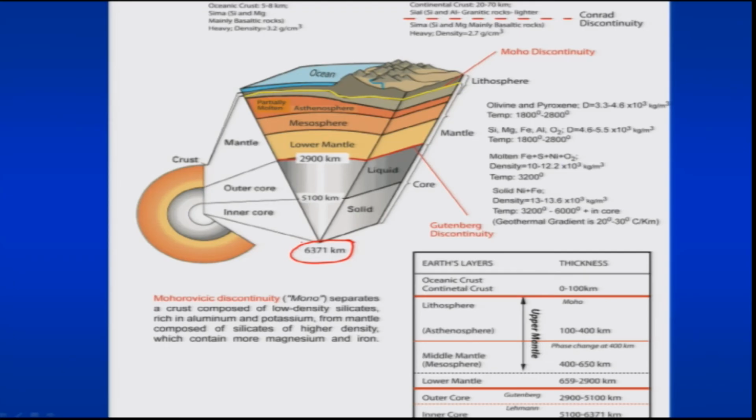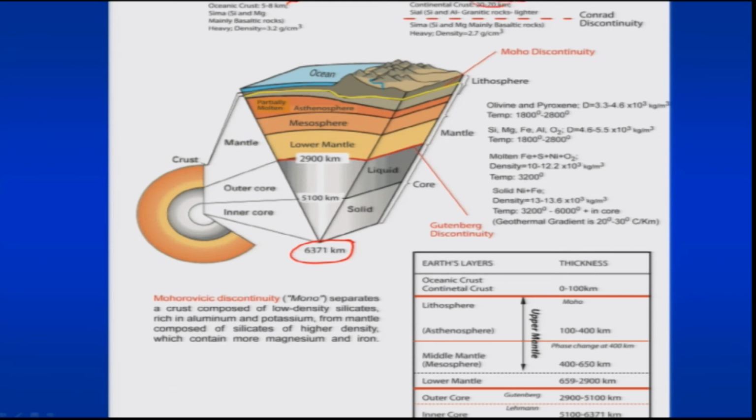If you look at the details here, you may refer when you are given the slides. The oceanic crust has a thickness of almost 5 to 8 kilometers, and the thickness of the continental crust is 20 to 70 kilometers.